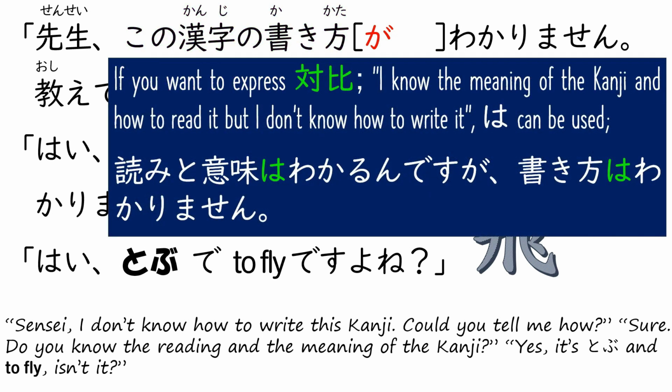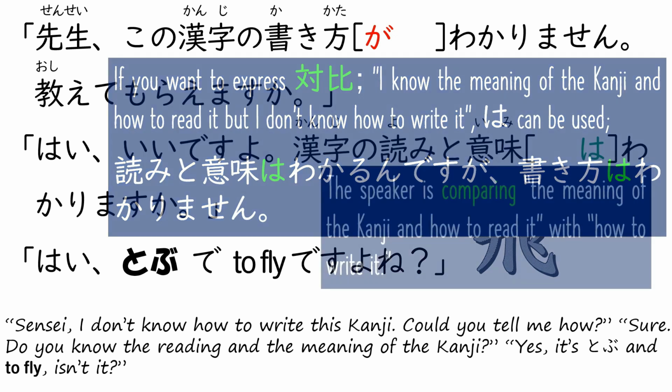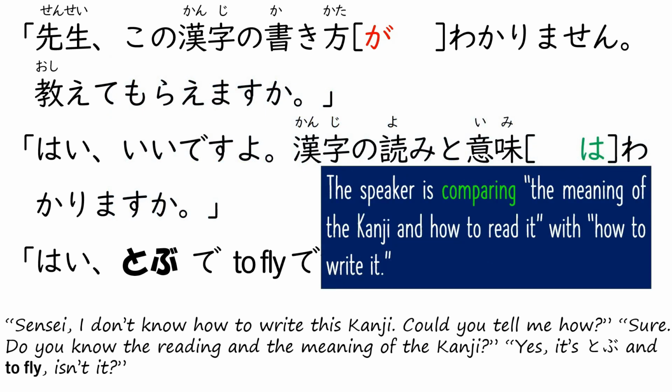If you want to express 対比, what particle can be used? 読みと意味はわかるんですが、書き方はわかりません。The speaker is comparing the meaning of the kanji and how to read it with how to write it.